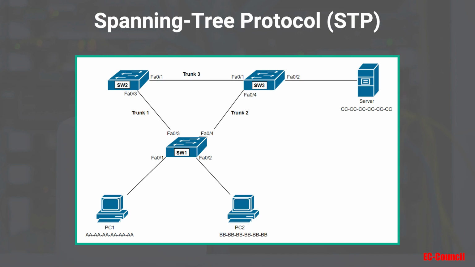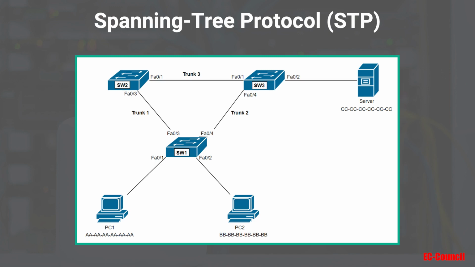This means that if PC1 wants to send a message to the server, PC1 knows the IP address and also knows the destination MAC address. Let's imagine that there's no loop prevention mechanism on the network. PC1 wants to send a message to the server. The message is sent from PC1 to switch 1. But while this message is in transit to switch 1, let's say the server happened to go down and it's no longer available.